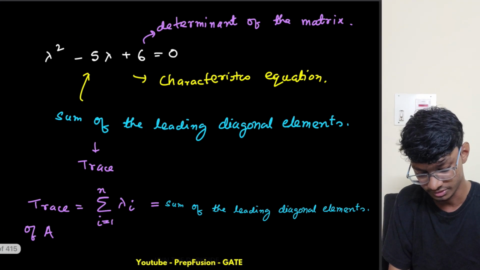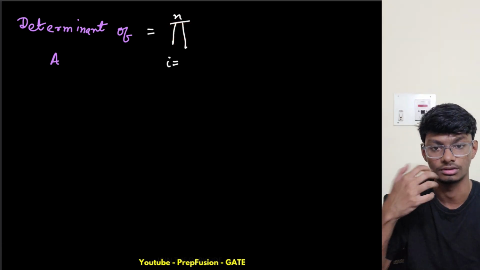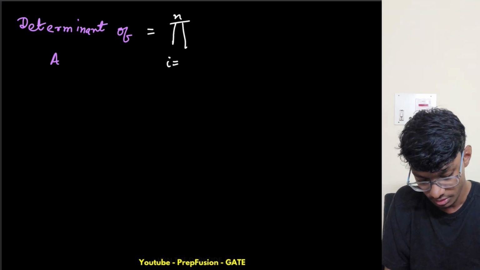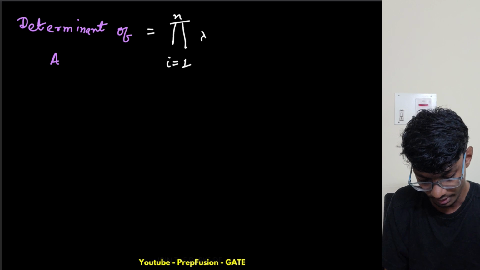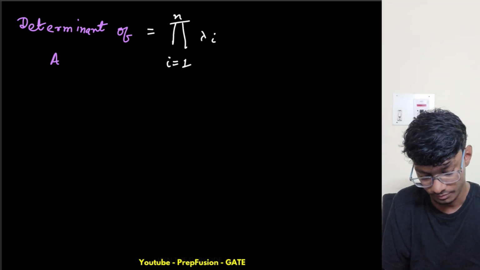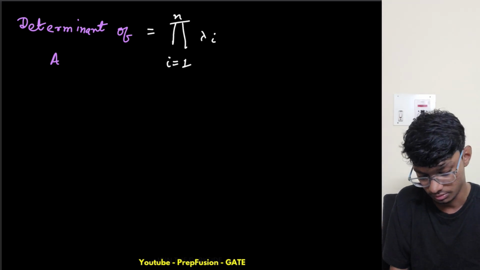Sigma is for summation, and this pi is for product. Simply we are using the multiplication operator, that's why pi comes up. Pi from i equals 1 to n of lambda i. So it is a product of all the eigenvalues. Yeah, this is the relation.